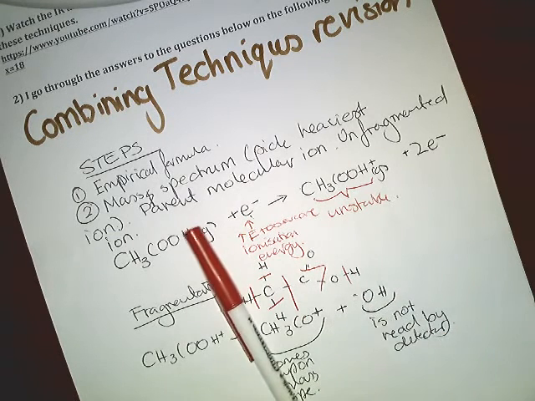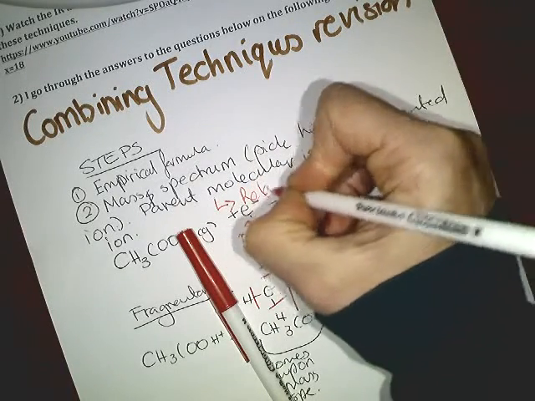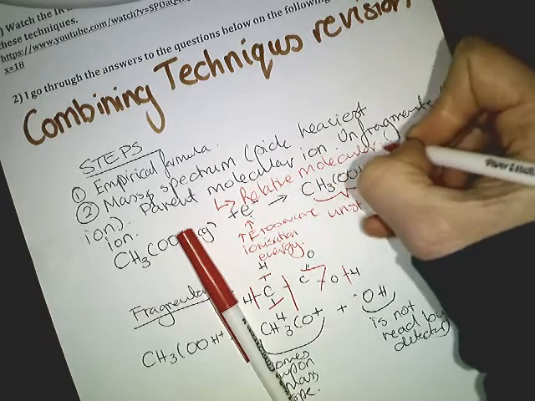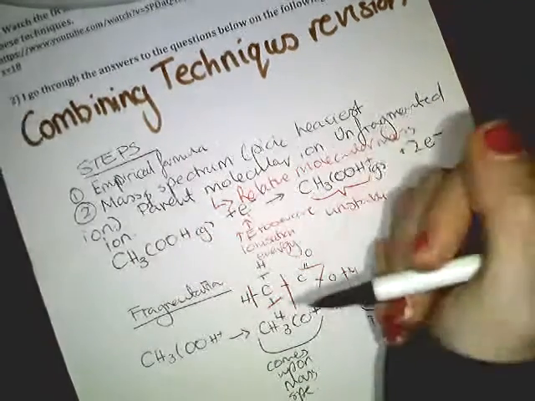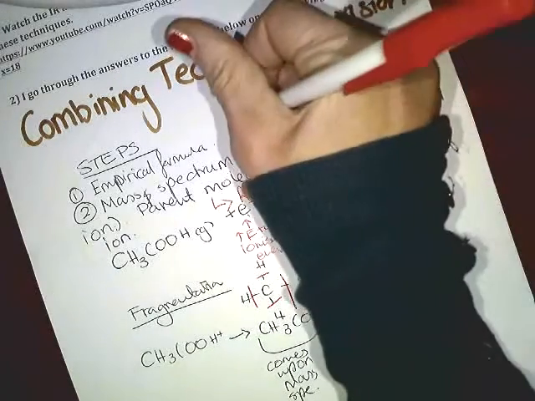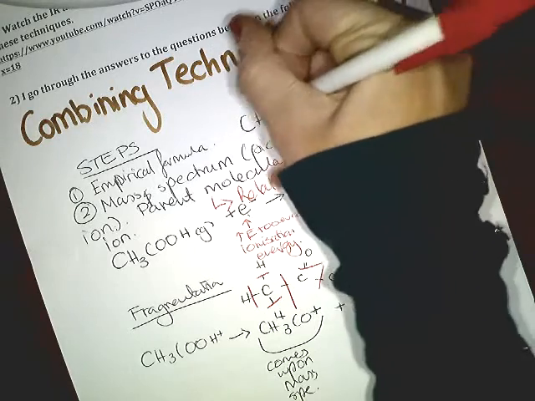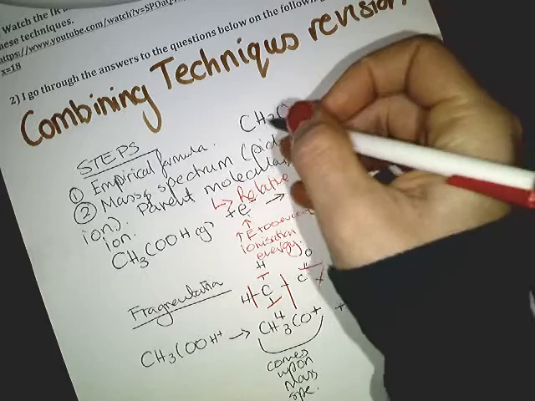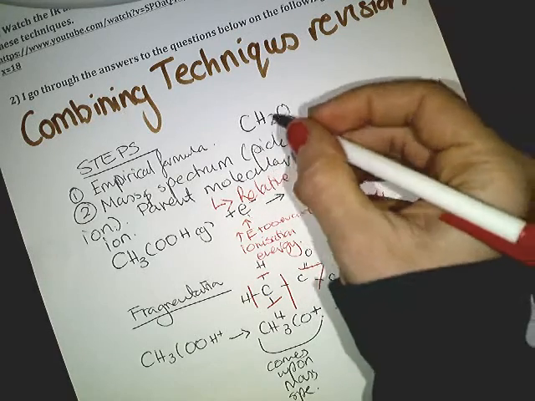So anyway, your parent molecular ion gives you the relative molecular mass. Remember that our empirical formula for this guy would be CH2O, which actually weighs 30.